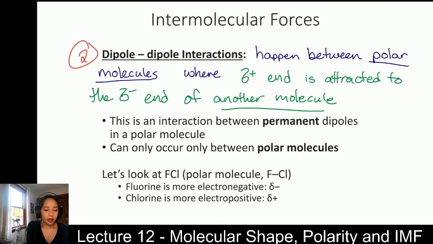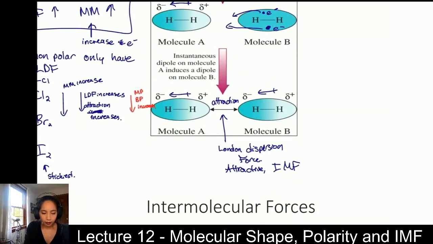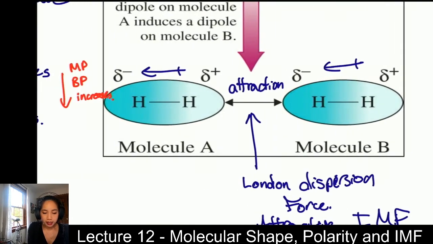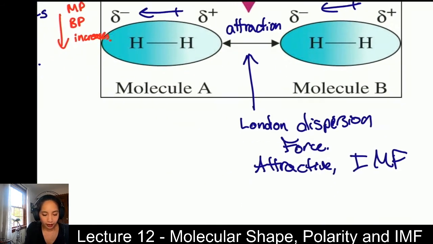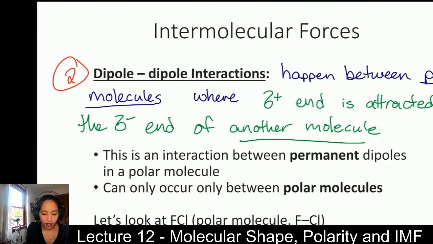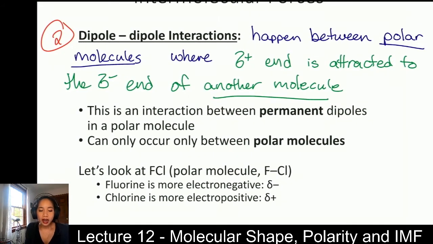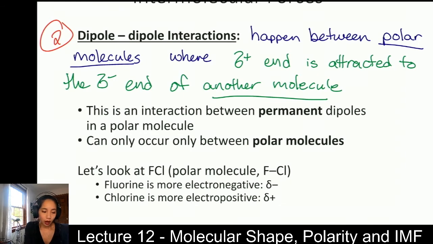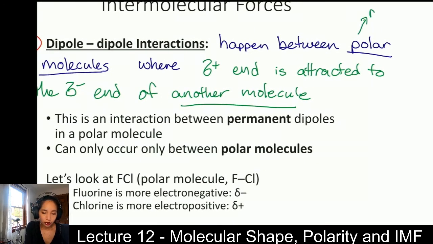So dipole-dipole is kind of similar to our explanation on the last slide of London dispersion, where we have the positive end of one molecule interacting with the negative end of another molecule. The only difference is that in London dispersion, these dipoles are temporary. But in dipole-dipole interaction, we are talking about molecules that have permanent dipoles, or polar molecules.